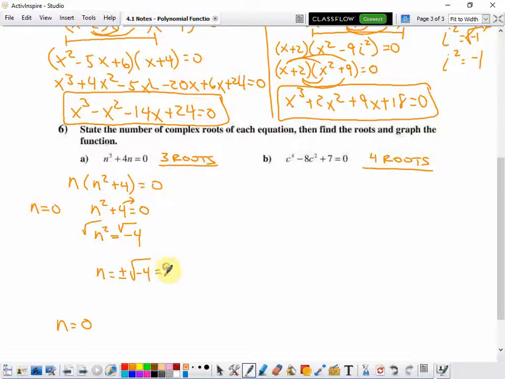So it's going to equal plus or minus the square root of 4 times -1. The square root of -1 is i. So it's i times the square root of 4. The square root of 4 is 2, so plus or minus 2i. So my other roots are two imaginary roots, 2i and -2i.